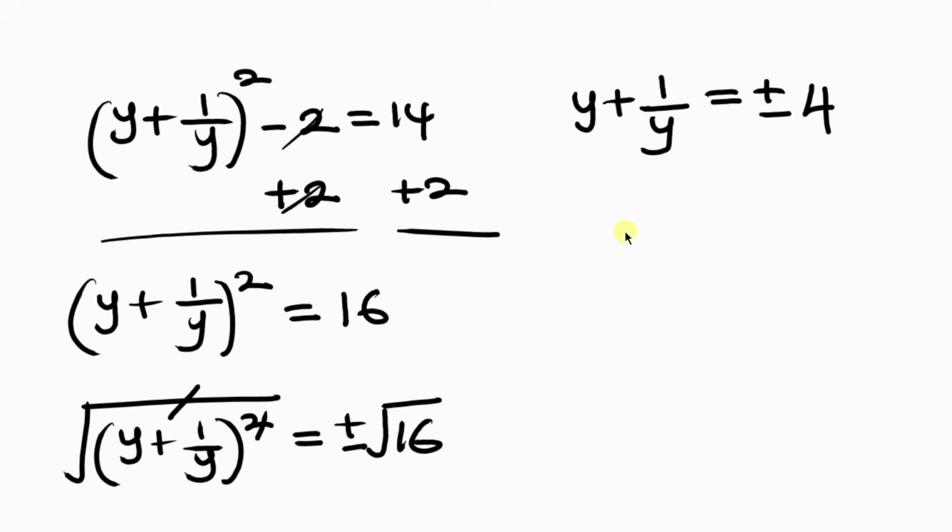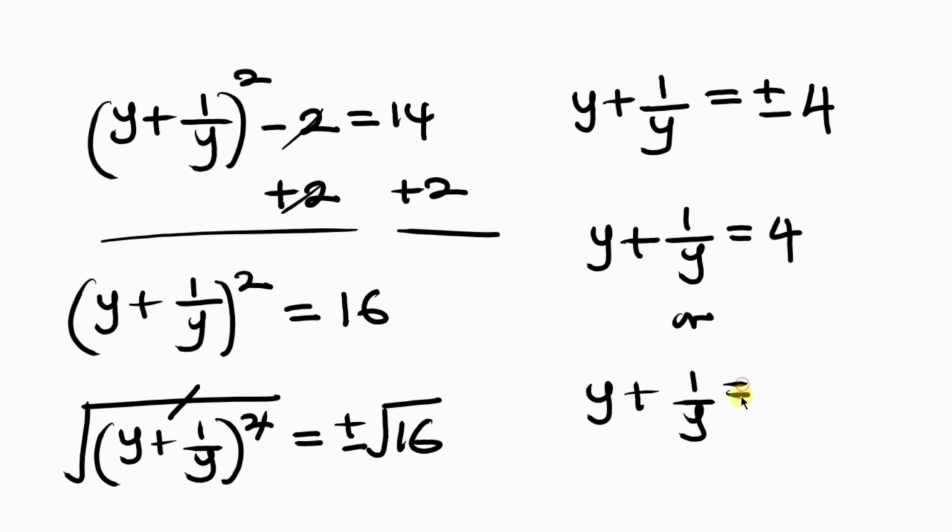Very good. So there are two values of y plus 1 all over y from here. We have y plus 1 all over y equal to positive 4, or y plus 1 all over y equal to negative 4. And these are the values of what we're told to look for.